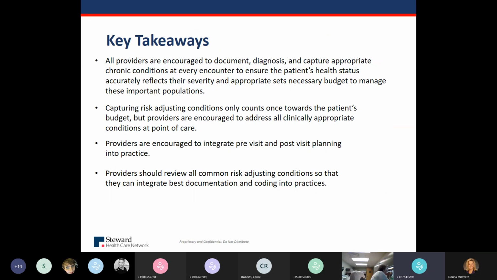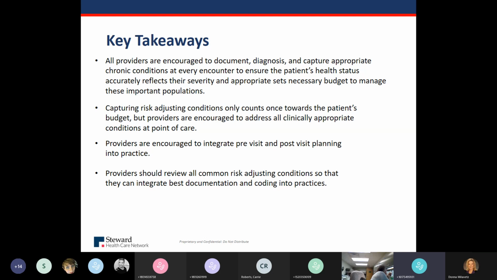And then to end, these are some key takeaways. All providers are encouraged to document, diagnose, and capture appropriate chronic conditions at every encounter to ensure the patient's health status, but it really is only necessary once to help set that budget.